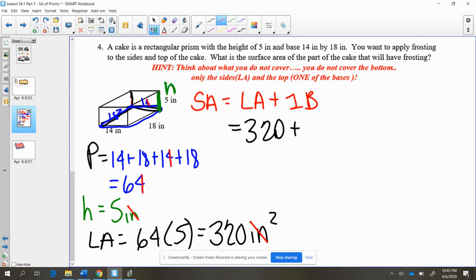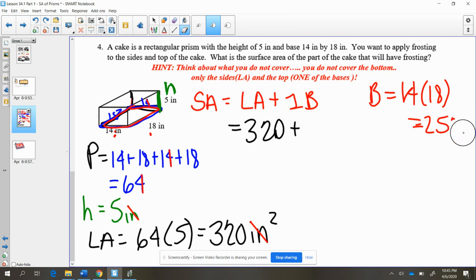So reminder for the area of the base, again, this is a rectangle with a side length of 14 and 18. So the area of that base is going to be found by multiplying those 2 units, 14 and 18. So the area of our base, again, base times height, 252 square inches.